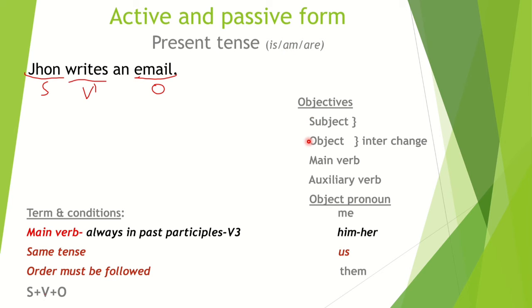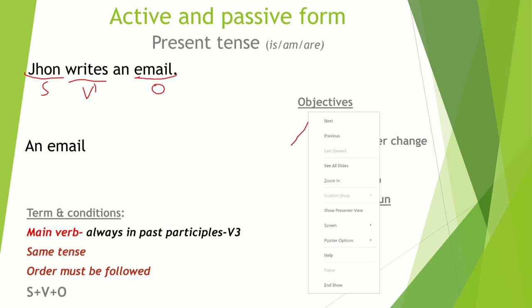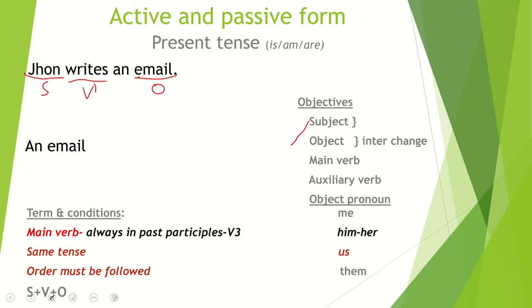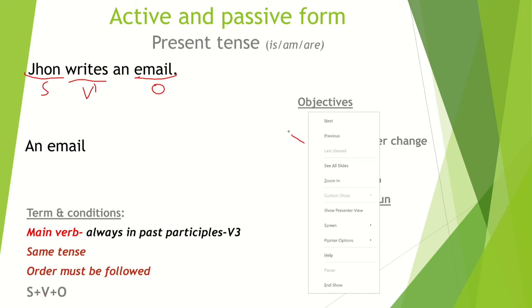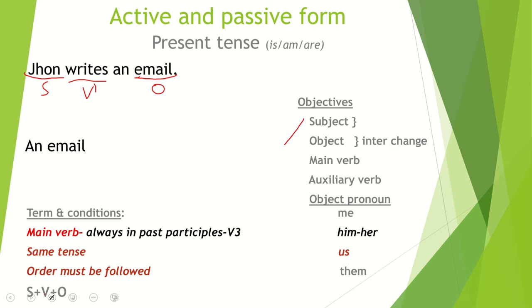Now let's come to our topic. Now the John comes to the place of object. Okay, here we have to interchange our subject and object: subject comes to the place of object and object goes to the place of subject. Understood?